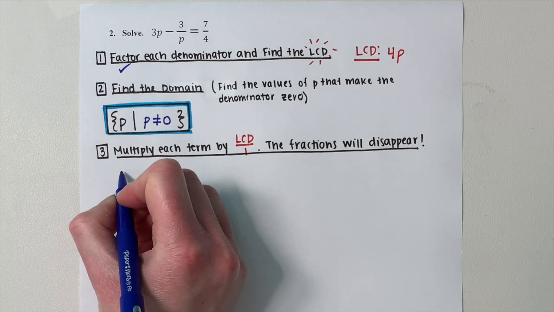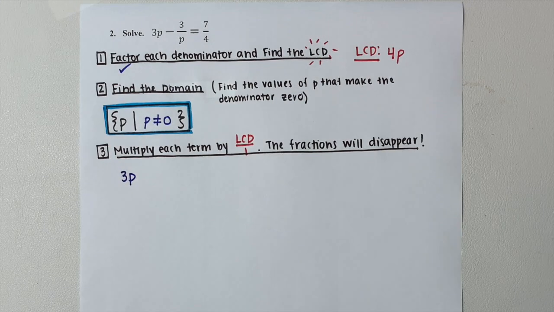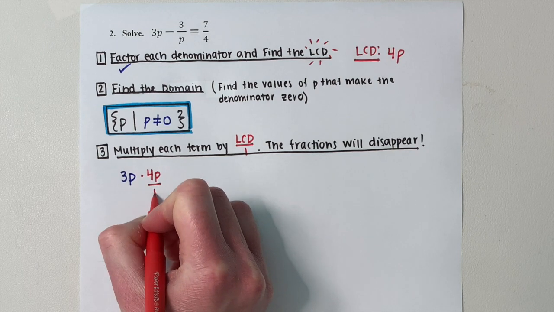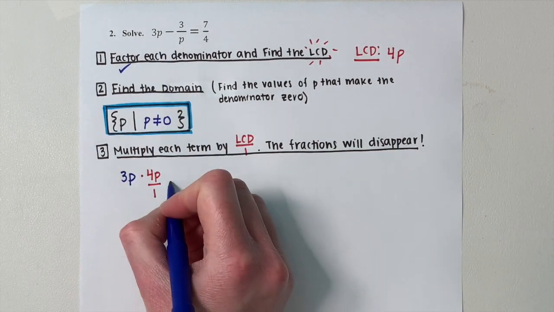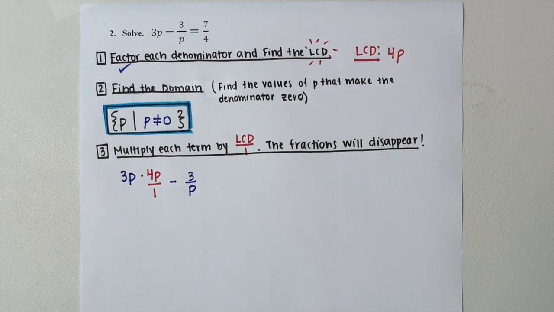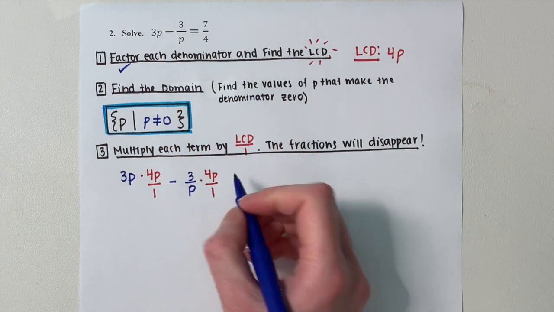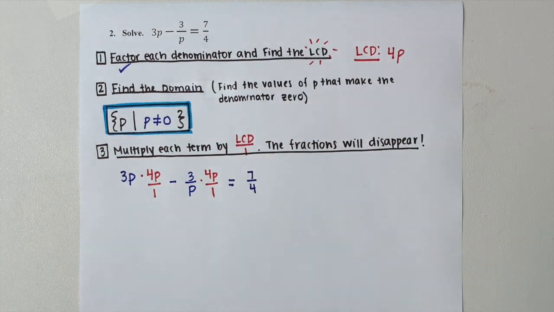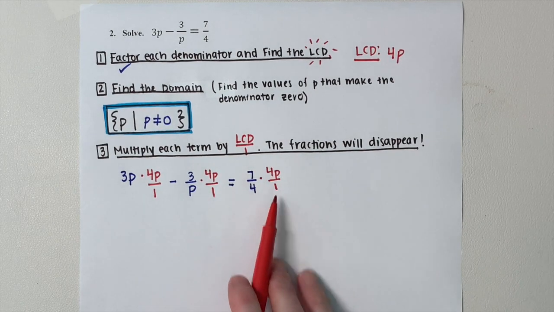I'll start by taking the 3p and multiplying it by the LCD over 1. The LCD is 4p, so that would be 4p over 1. Then we'll bring down the minus sign and we'll take the term 3 over p and again multiply it by the LCD over 1. And then we'll copy down this equal sign and then we'll take the 7/4 and multiply it by the LCD over 1.